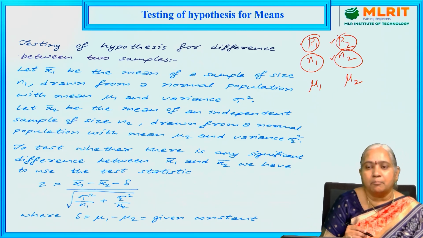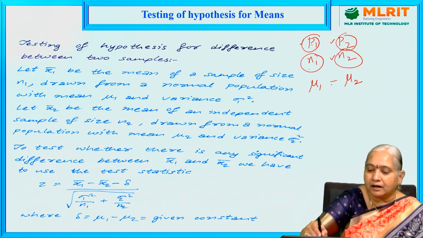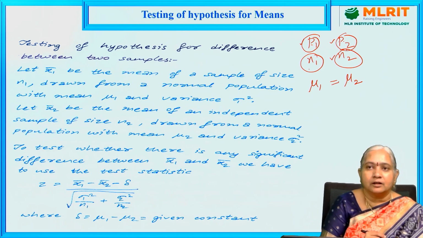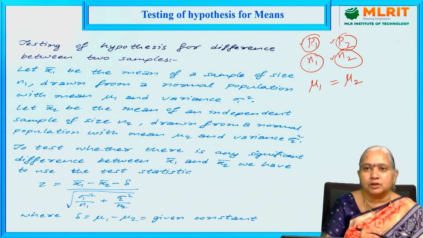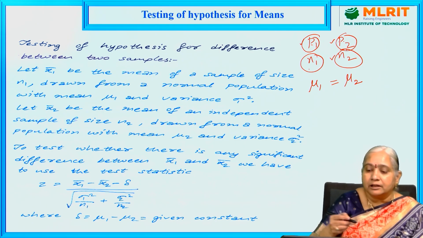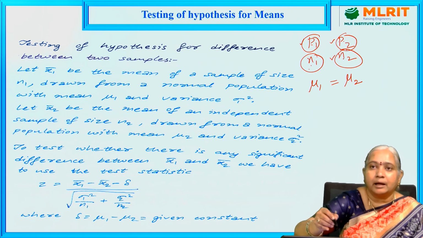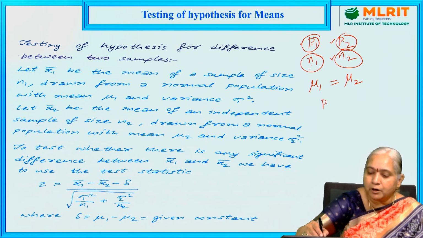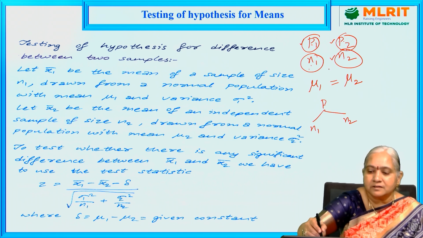Now our claim is that these two means are equal. There is no significant difference between the means of the two populations, or we can claim that these two samples came from the same population. Only one population, two samples are selected, n1, n2. Both are the same.